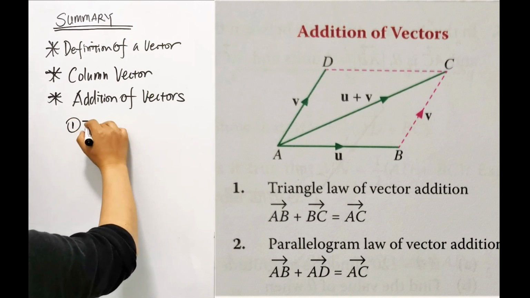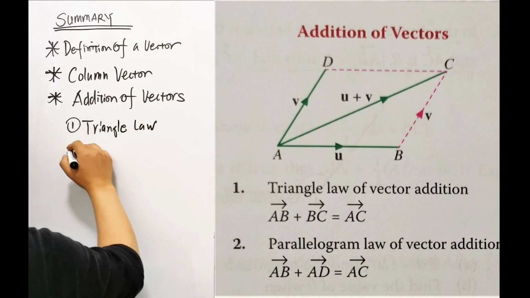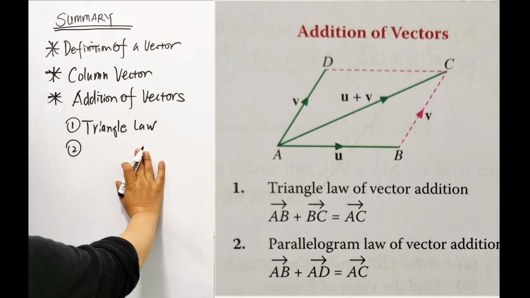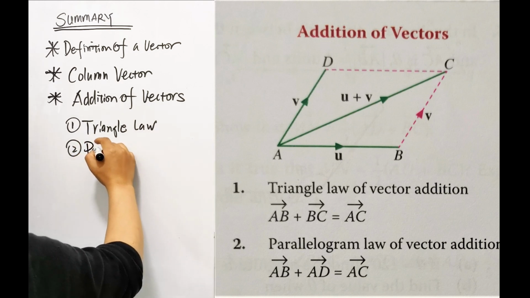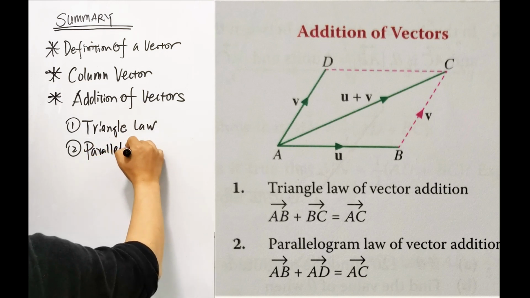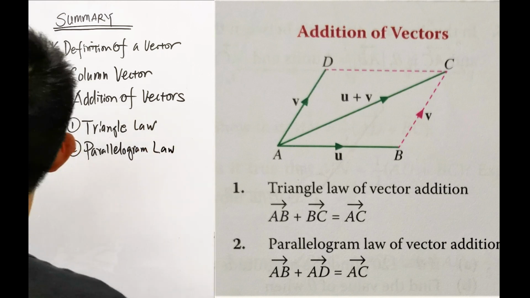The first is the triangle law, which we use very frequently. Almost all of our questions use that. The second one is the parallelogram law, right? So we also use the parallelogram law.